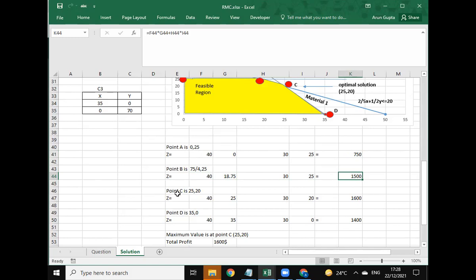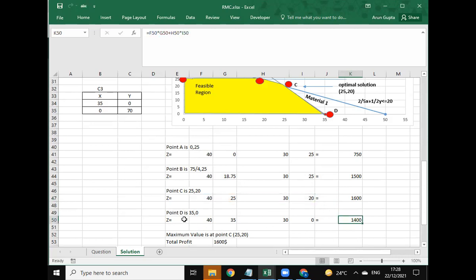Again for point C, which is 25 and 20, we have provided 40 multiplied by 25 and 30 multiplied by 20. We have provided the sum of both products, which equals 1600, as we can see here.